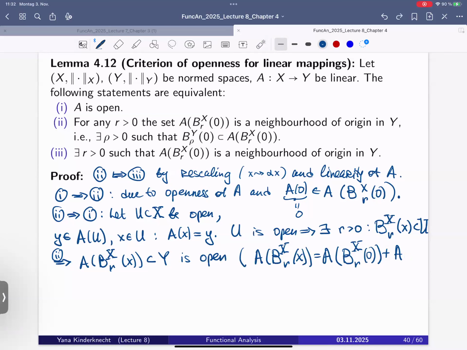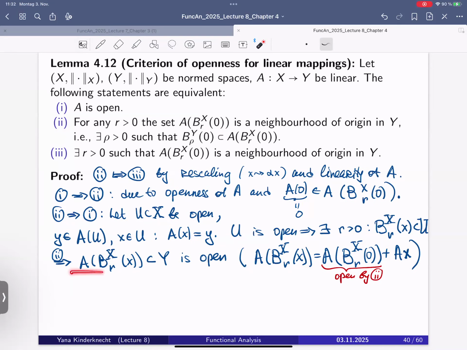I didn't use brackets before. And this is open by our assumption 2. Okay, and hence also its shift is open. So this guy is open.